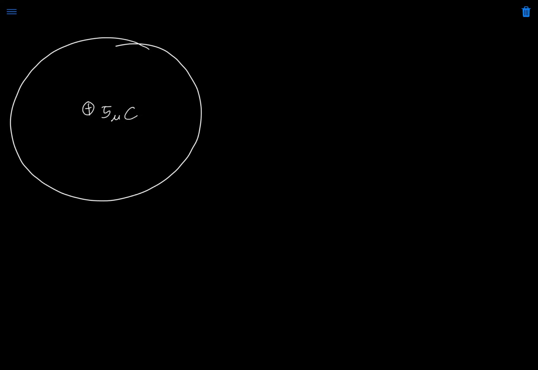Suppose that we have an electric charge with a charge of 5 microcoulomb, and this is enclosed in a sphere. Calculate the electric flux. So we have the formula for electric flux using the concept of Gauss's law as Q enclosed divided by epsilon naught, because according to Gauss's law, the total electric flux of an electric field that is enclosed in a surface is equivalent to the charge divided by epsilon naught.